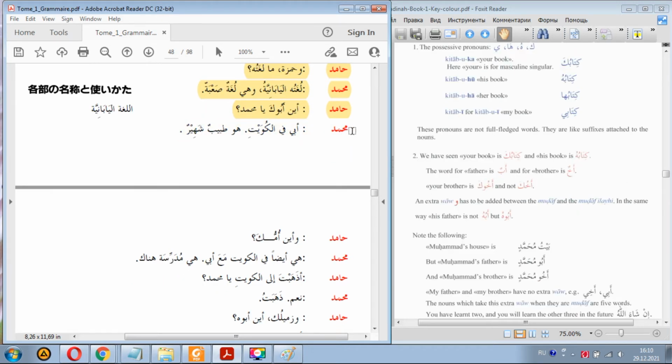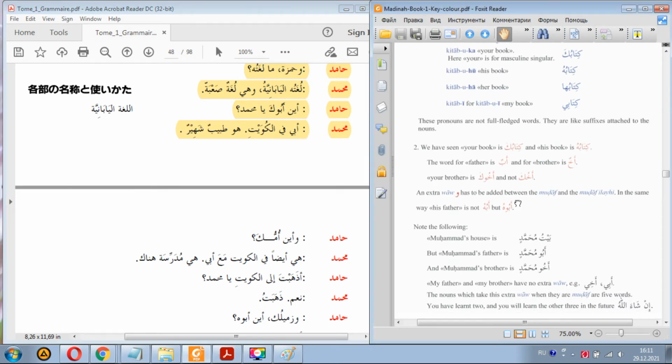Muhammad says, Abi fil Kuwaiti huwa tabibun shahirun. My father is in Kuwait. He is a famous doctor. Abi, my father. You might ask, well, in this case it's mudaf, but why is the waw not added? As it says here, an extra waw has to be added between the mudaf and mudaf ilayh, right? But why is it not added?